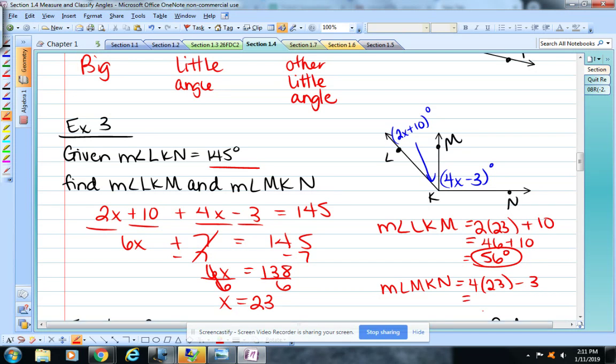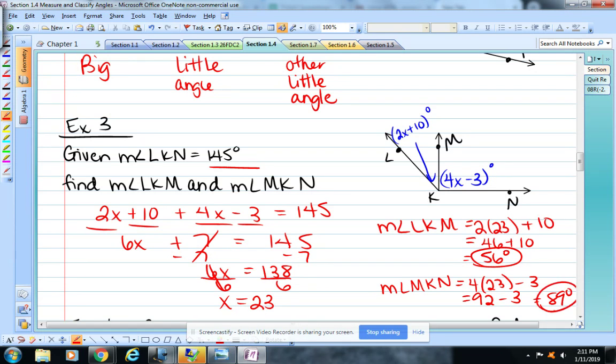What's 4 times 23? 92. And 92 minus 3 is what? 89 degrees.